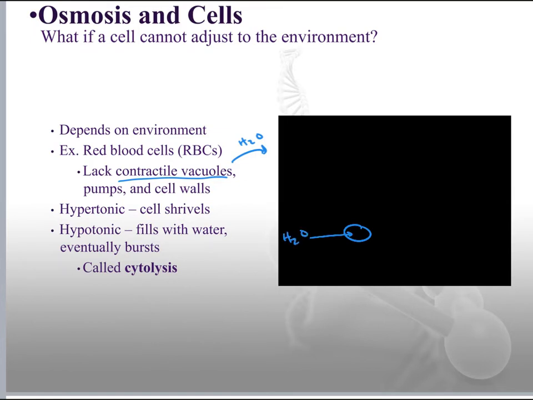But there's no cell wall to prevent it from expanding too much. It's just going to keep filling with water, and eventually it's going to burst. This is called cytolysis. So you can actually kill some of these cells that don't have ways of mitigating this excess water coming in. If it just keeps filling, eventually these will burst.